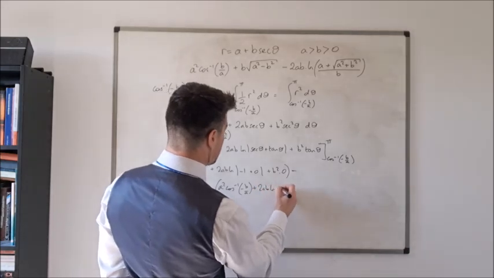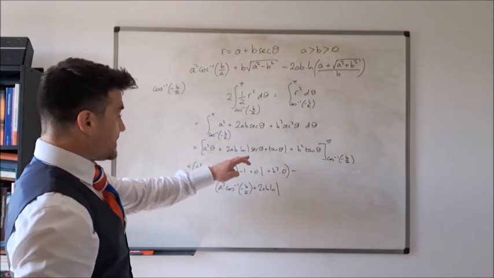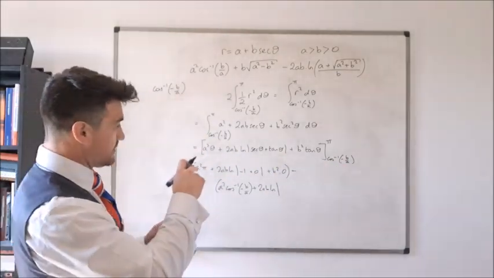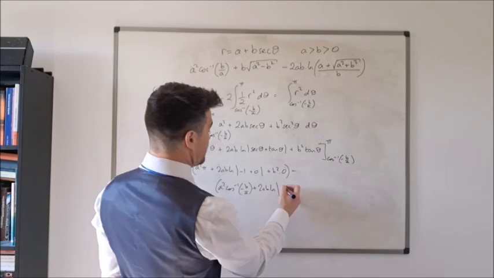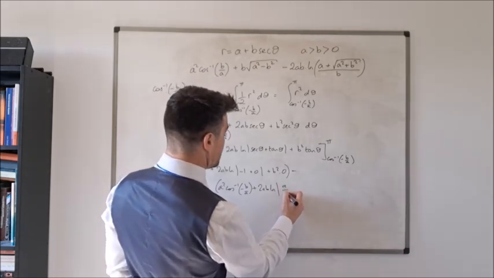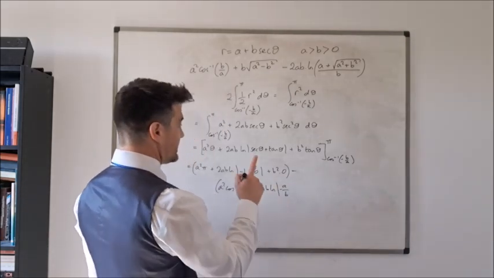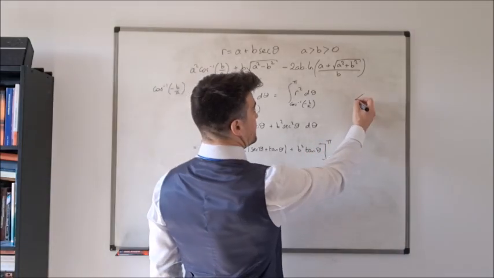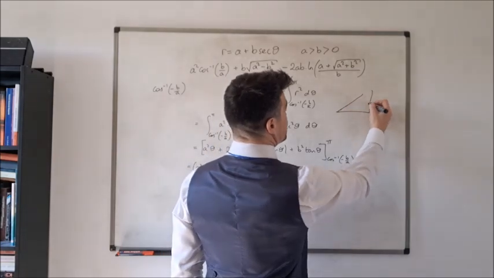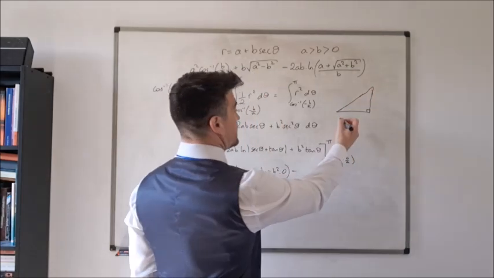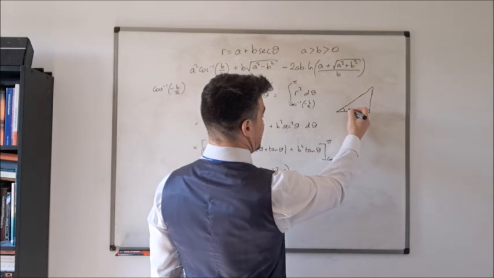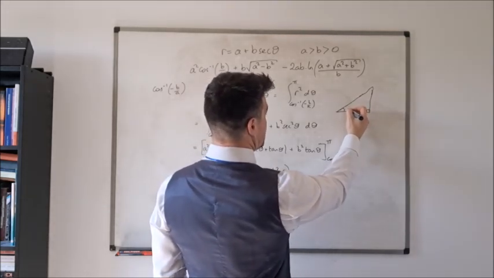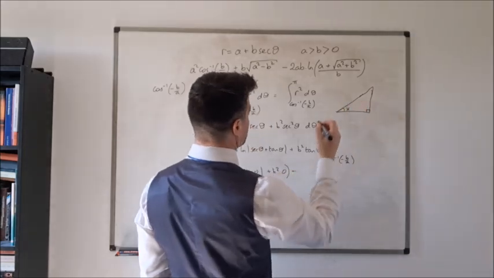twice ab natural logarithm modulus of, so sec of inverse cos minus b over a is going to be 1 over cos of inverse cos minus b over a, which is minus a over b. Tan theta, okay, I'm going to have to do a little bit of work to figure this out. If this is a right angled triangle, let's just take our angle to be x.